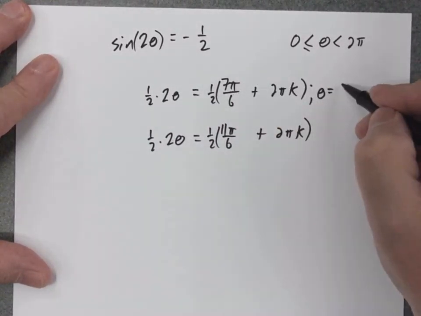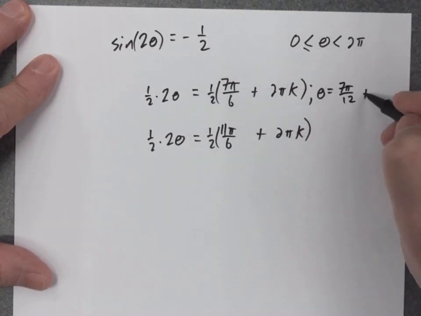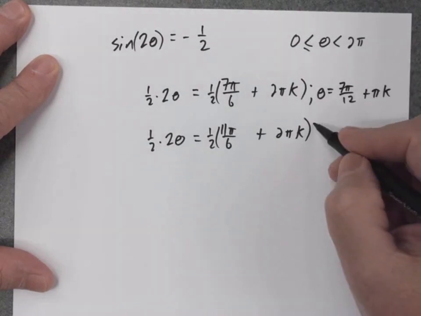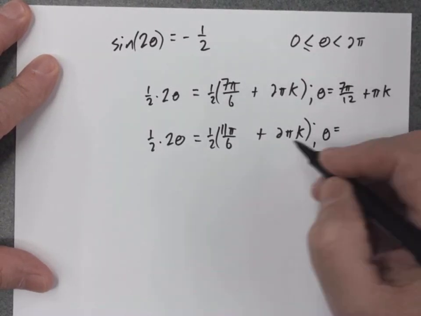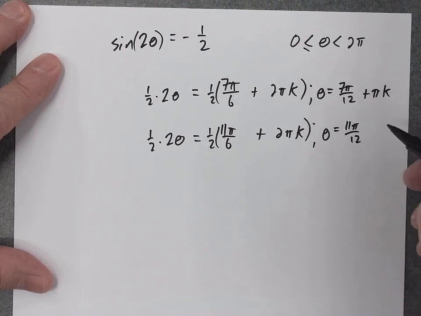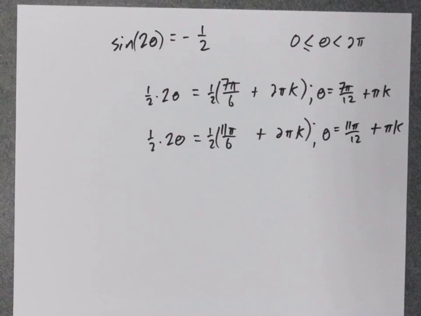So this is going to be 7 pi over 12 plus pi k, and 11 pi over 12 plus pi k. So those are the two general solutions.